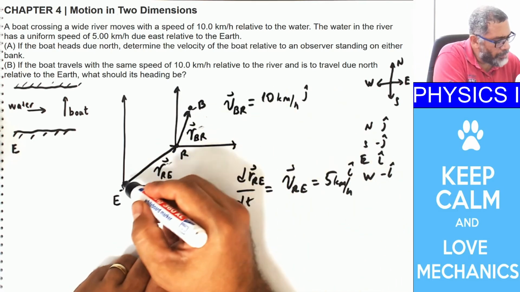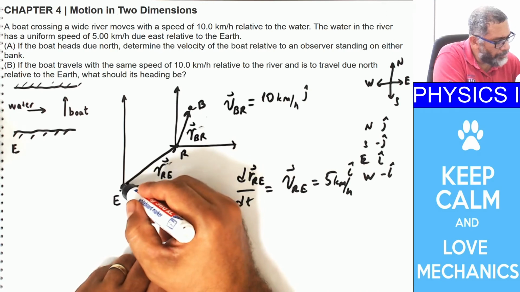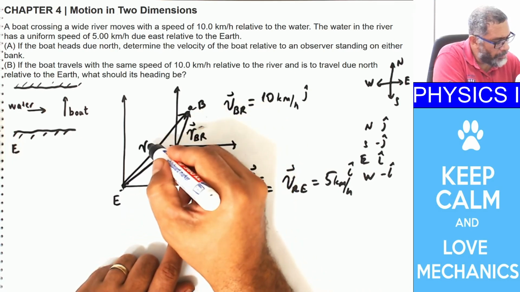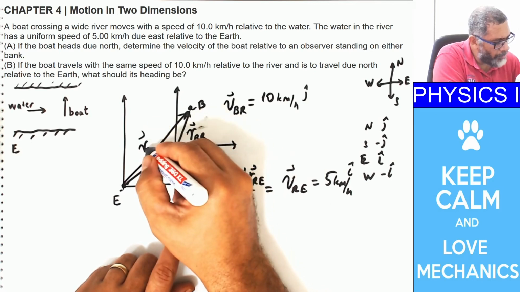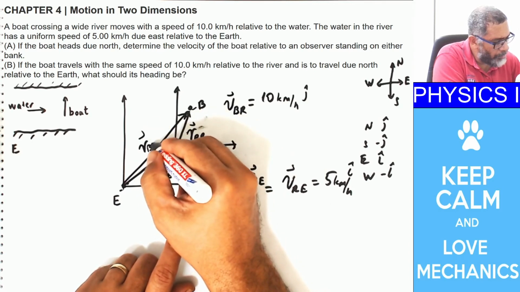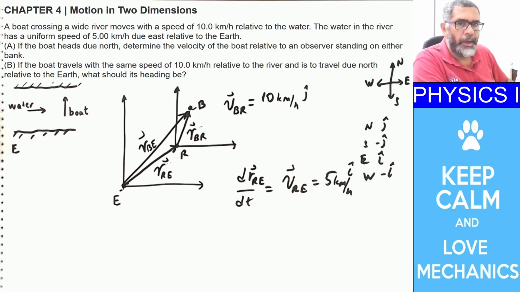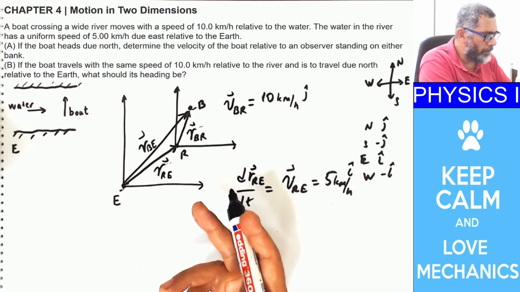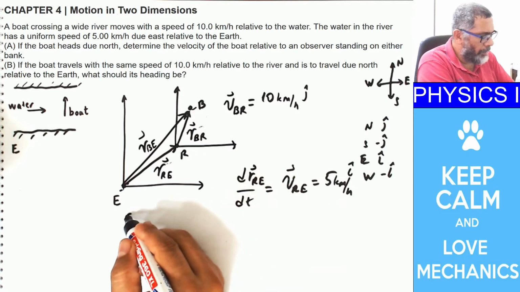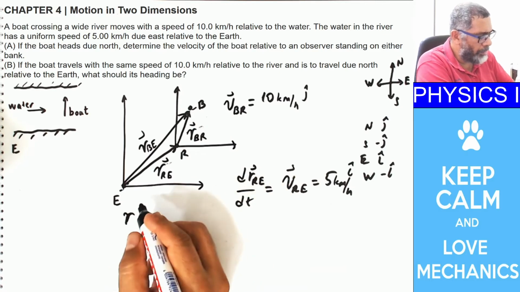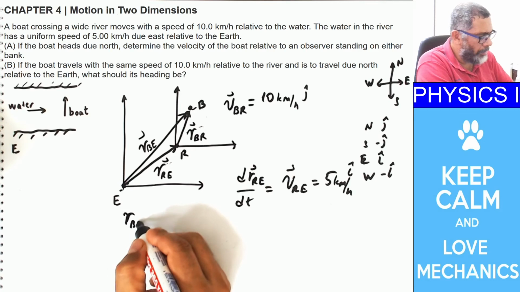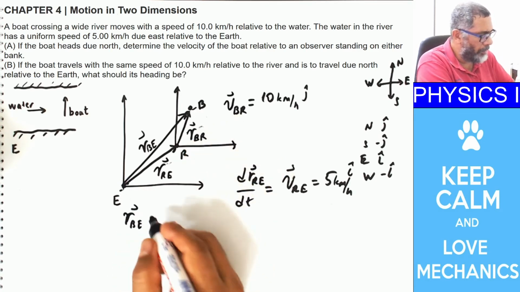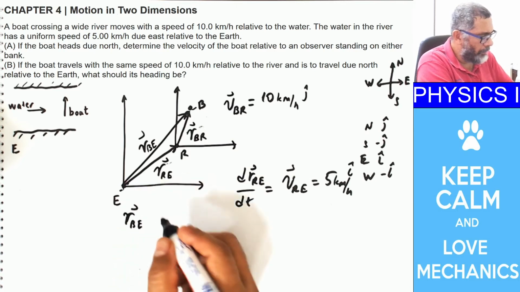So what we do is we also measure the position of the boat at any time by drawing this position vector of the boat relative to earth. Remember in the previous video I was talking about this relative motion, that I made this transformation equation, R_BE, the position of the object relative to the fixed coordinate system.